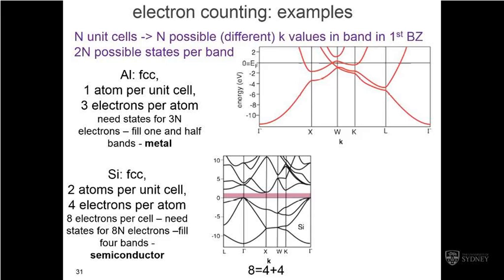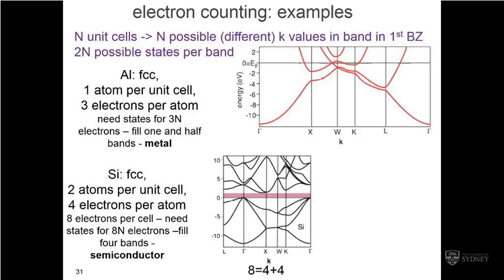Okay, let's look at silicon, a semiconductor. It has 2 atoms per unit cell, and 4 electrons per atom. So we have 8 electrons in every cell, and we need 8N electron states for our 8N electrons.